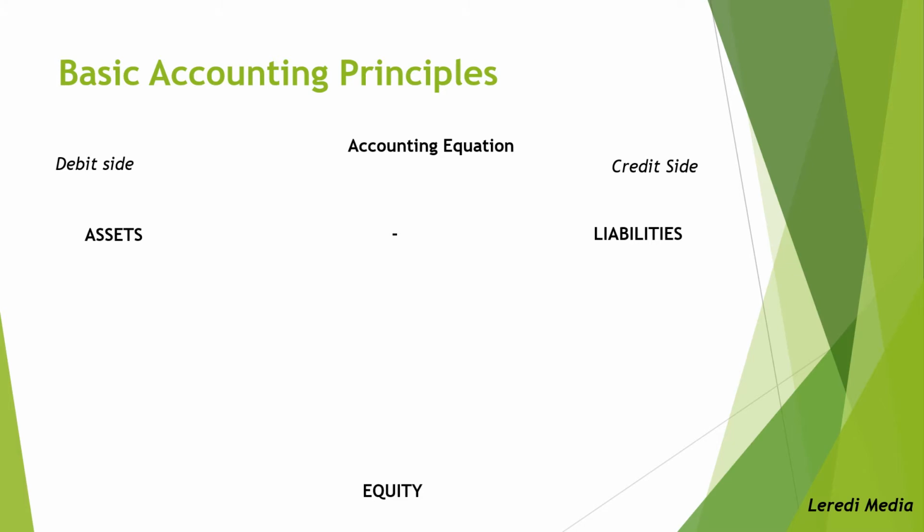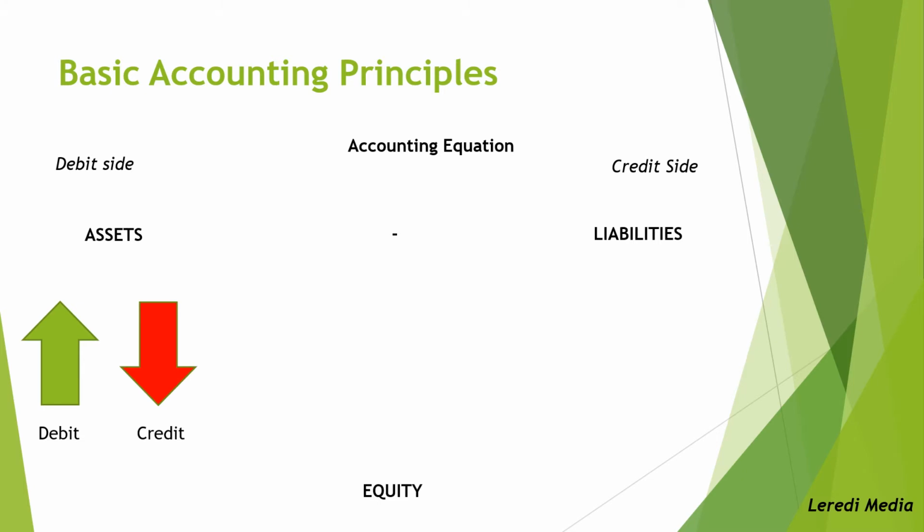Now, because the assets are on the debit side, on the left hand side, it means that every asset that you buy, which is an addition to the assets that you have, will therefore increase on the debit side. And if these assets are decreasing, they will therefore decrease on the credit side.